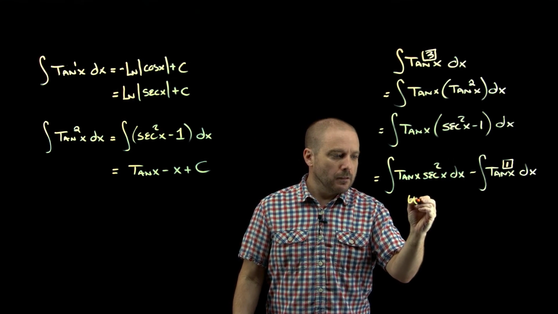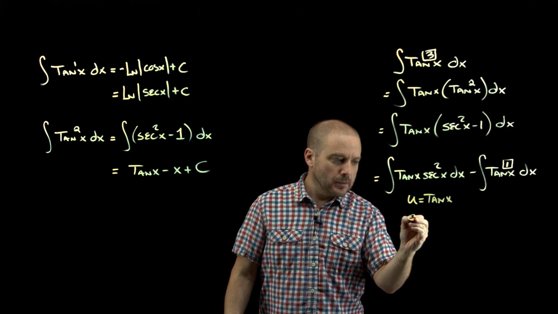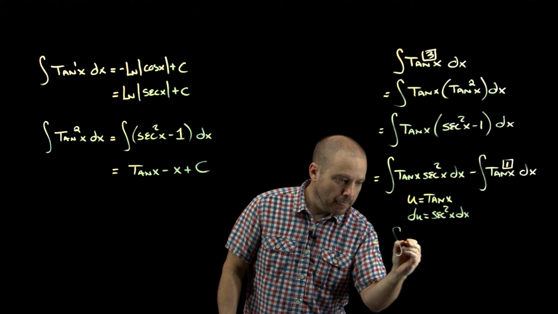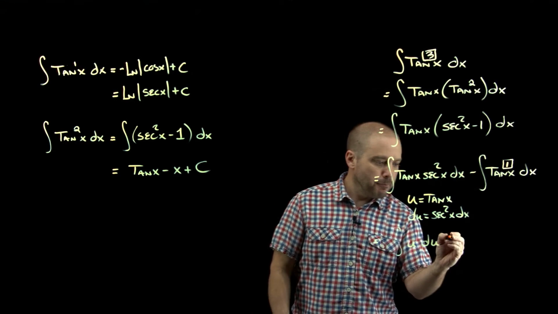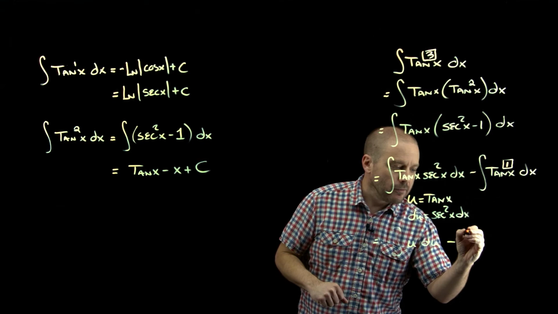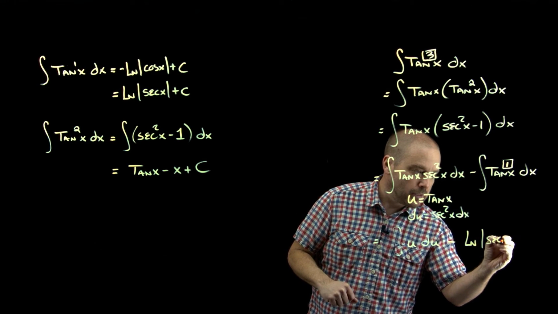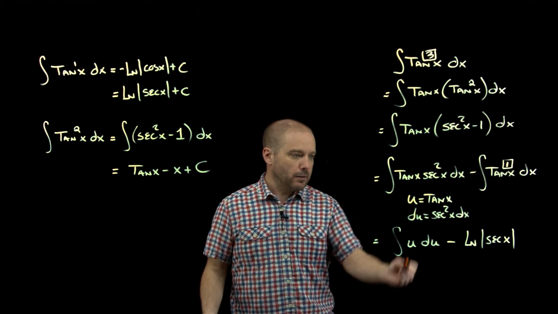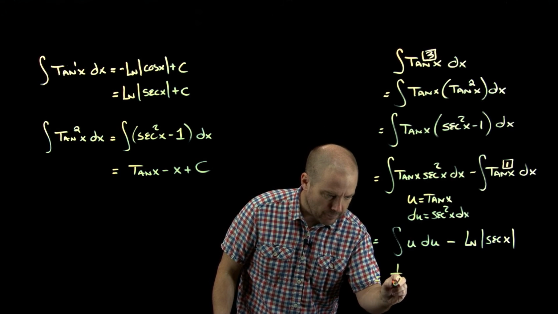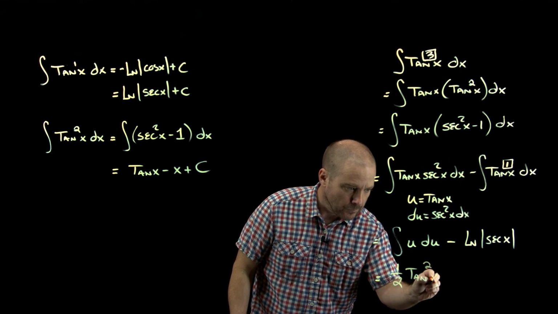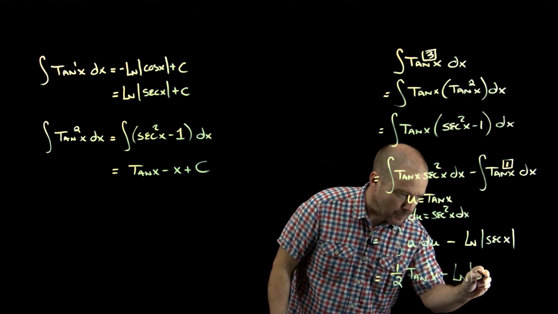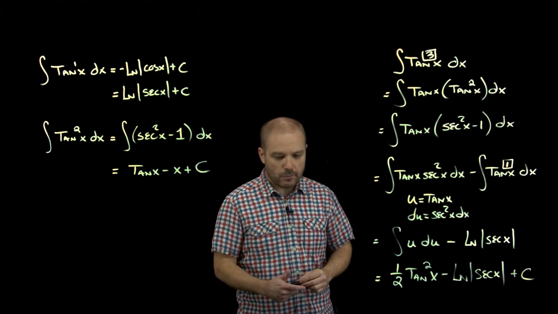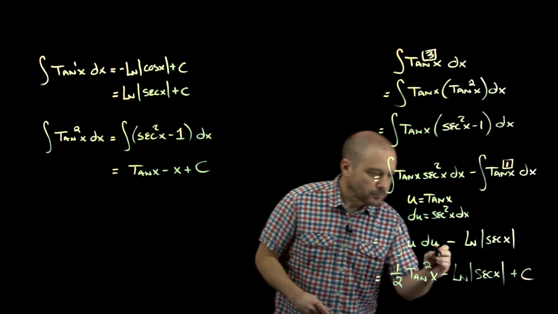So u is tangent, du is secant squared x dx. So we have the integral of u du minus, and I'm going to use my form there, natural log absolute value of secant x. And then finally, that's just 1/2 u squared, and u is tangent, so it's 1/2 tangent squared minus natural log absolute value of secant. And now that all the integration is done, I need my plus c of integration.